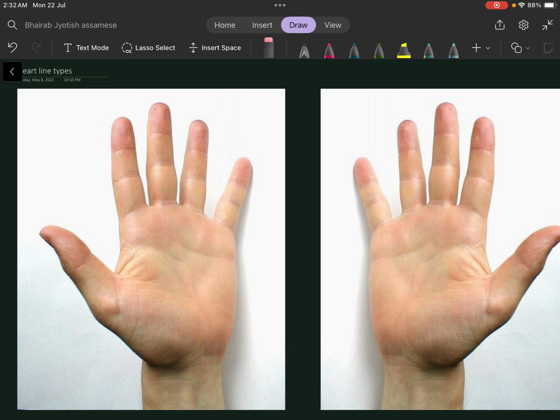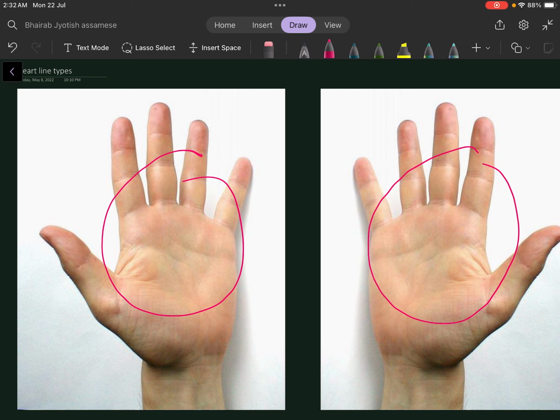From the left hand we can analyze your luck, your hereditary part, your siblings, as well as your luck from your ancestors. From the right hand we see your independent capacity that you have developed over time. This hand represents your capability and your quality that you have developed over time.